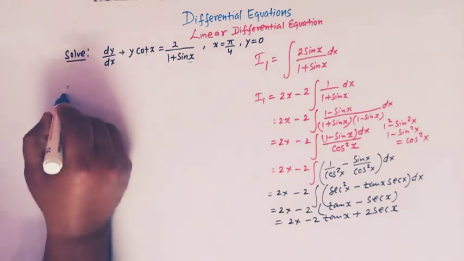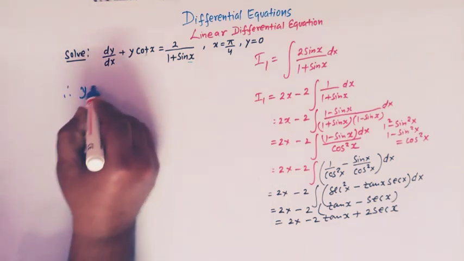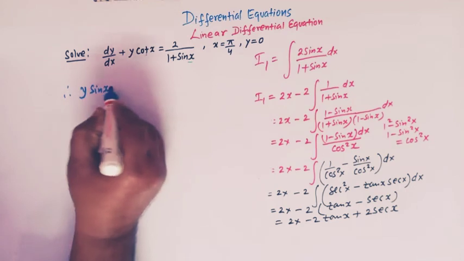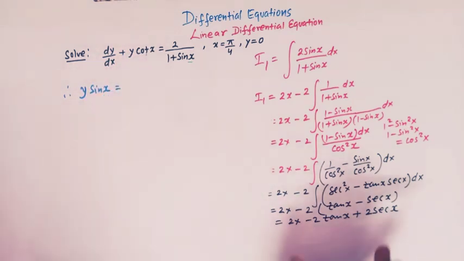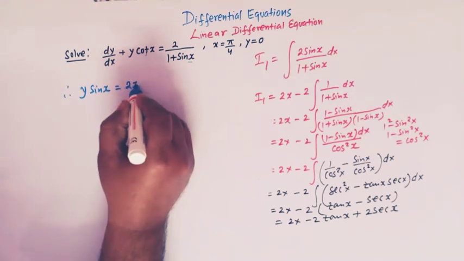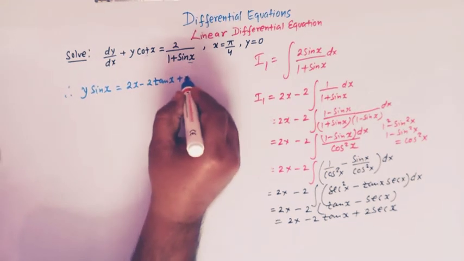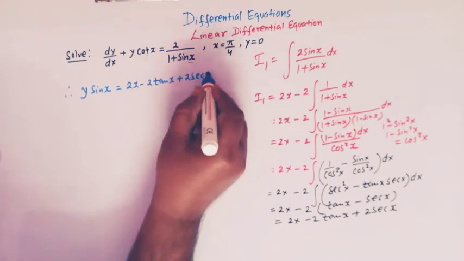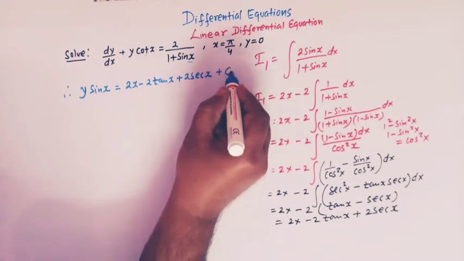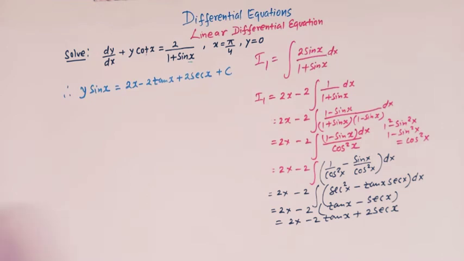So viewers, our solution is now given by y sin x is equal to this integral, that is 2x minus 2 tan x plus 2 sec x, and here we have the constant of integration, right?